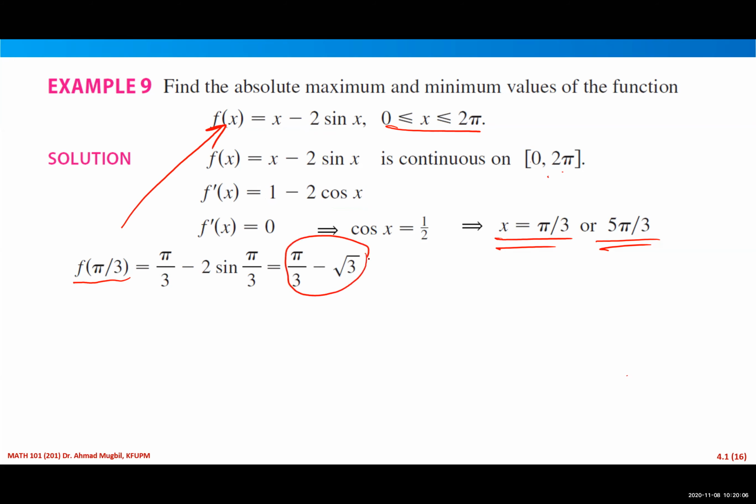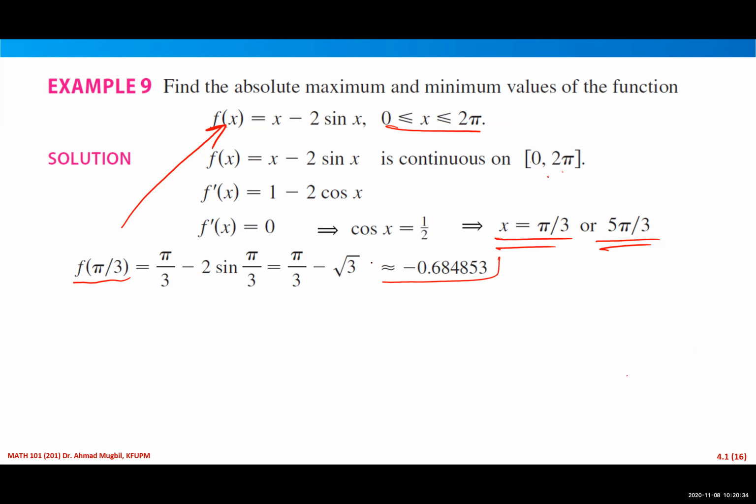You can estimate it. You remember that pi is approximately 3.14, and square root of 3 is approximately 1.7. So it is a small number, because this will be 1 point something minus 1.7. It will be some negative number, here it is negative 0.68.